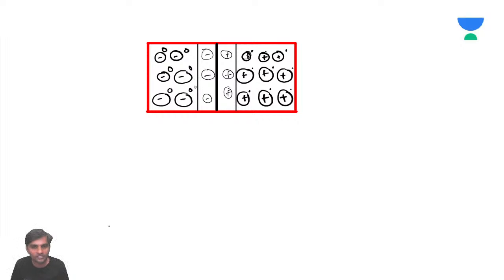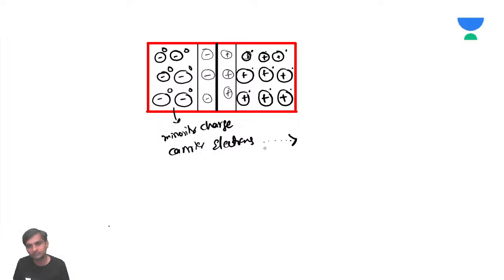So now what happens, sir, as I told you, the minority charge carriers, that is electrons, are moving in this direction. So the corresponding drift current will be in this direction.